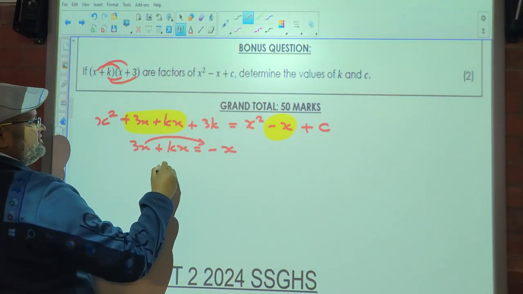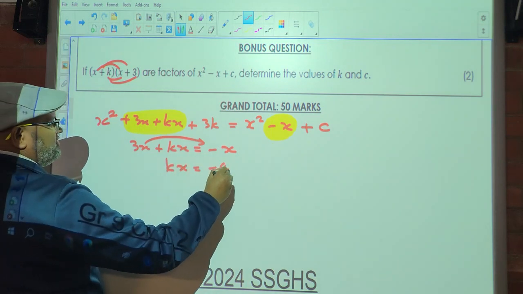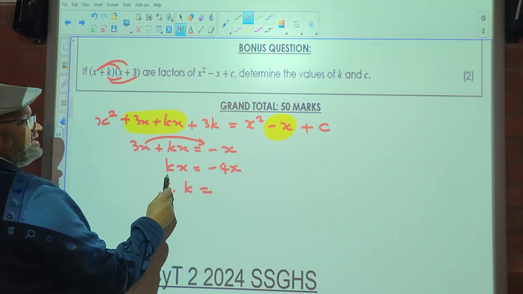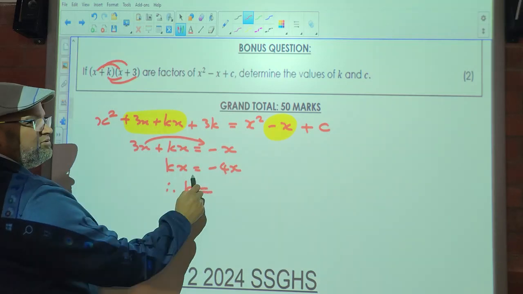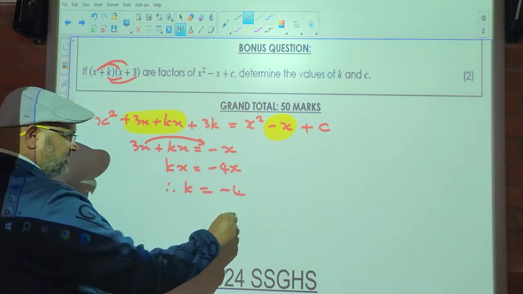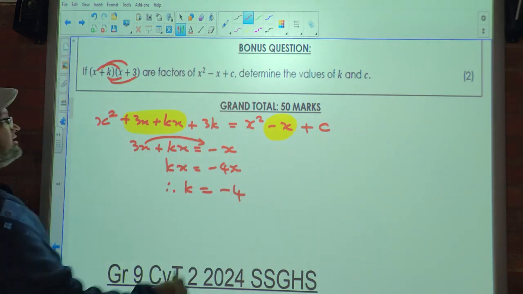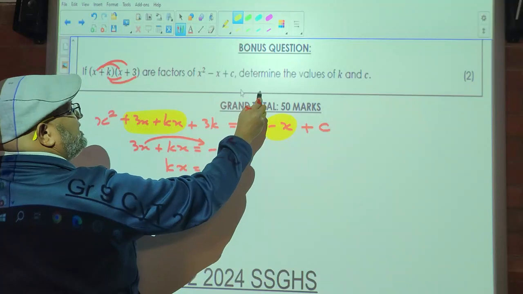So I'm going to get over the equal sign, so kx is equal to minus 4x. So k has to be negative 4, yes. Easy.